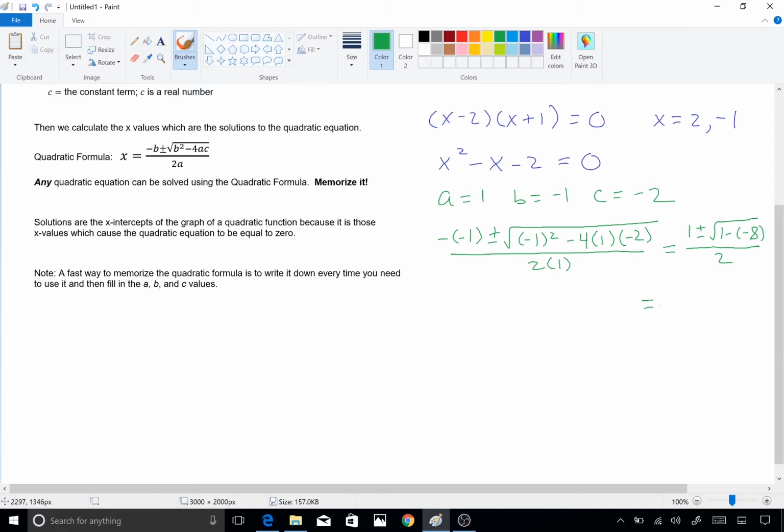And that's 1 plus or minus the square root of 9 over 2. 1 plus 3 divided by 2 is 4 over 2, which is 2. 1 minus 3 divided by 2 is negative 2 over 2, which is negative 1. And the quadratic formula gives us the same result as factoring.